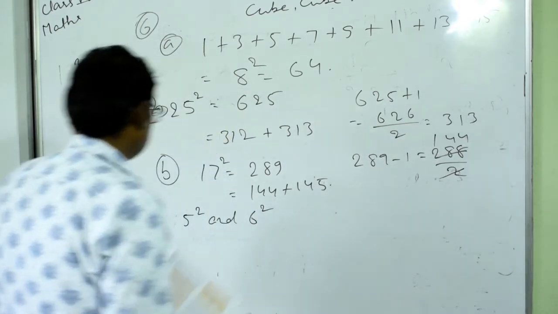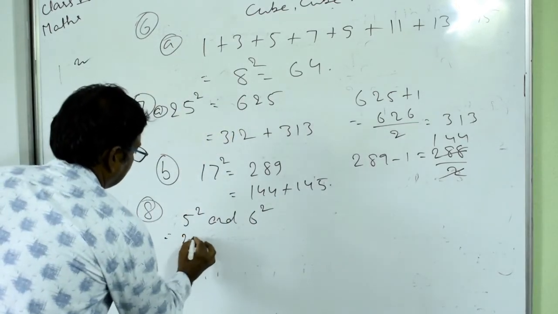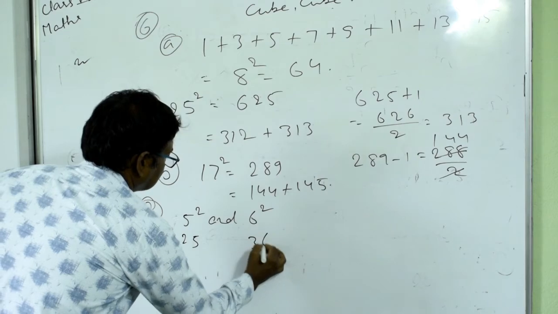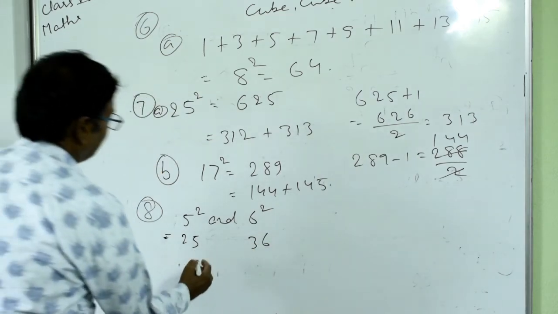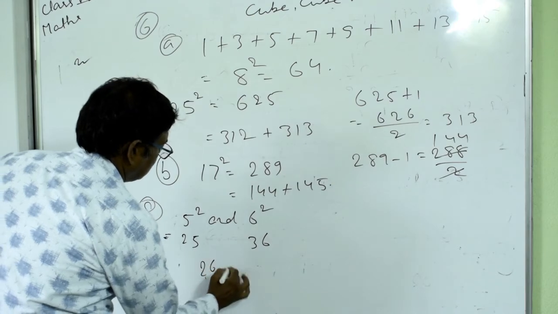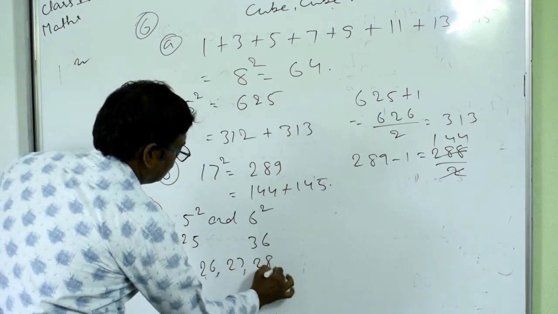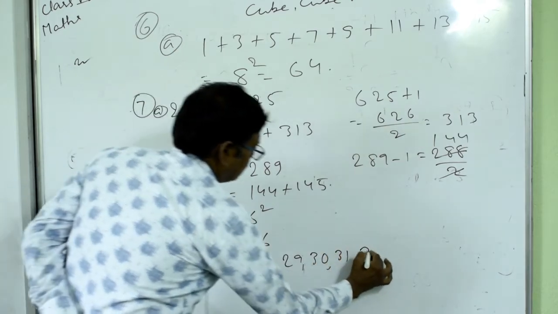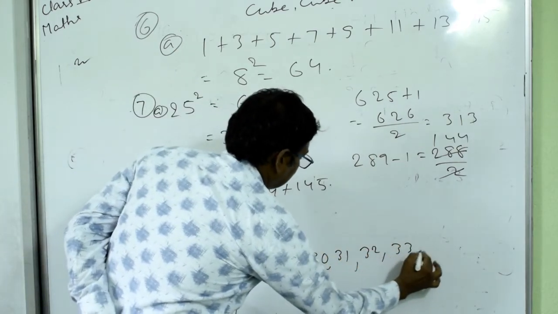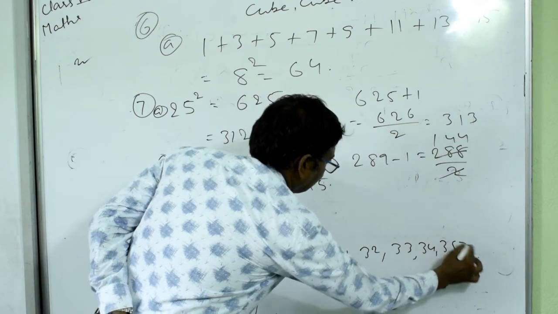When you find 5 square, it will be 25, and 6 square it will be 36 here. So how many numbers are there here? After 25, that is 26, 27, 28, 29, 30, 31, 32, 33, 34, and 35.